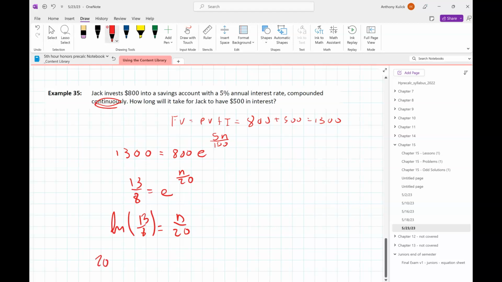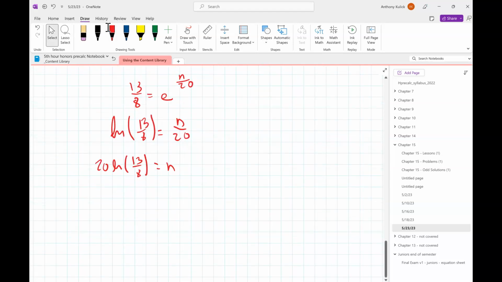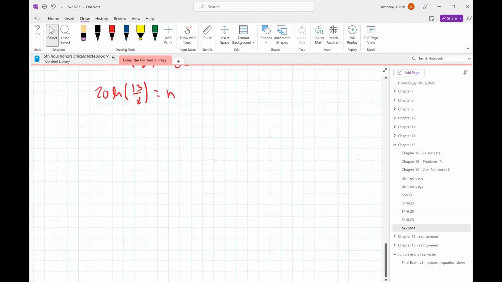And then we just multiply both sides by 20, and that's our last step. And from there, it's just calculator time. So let's punch that through real quick.